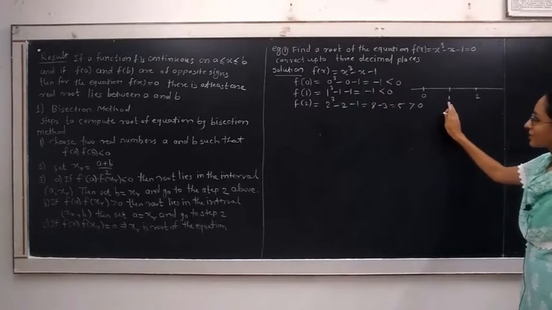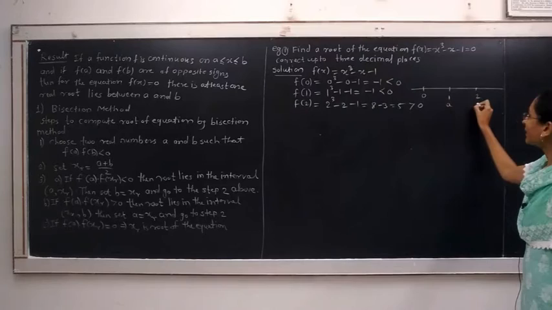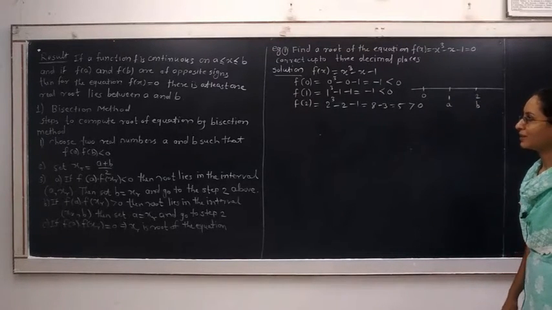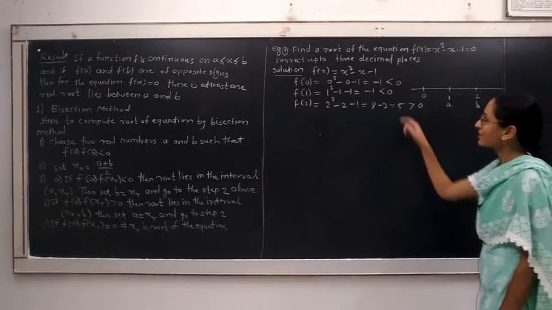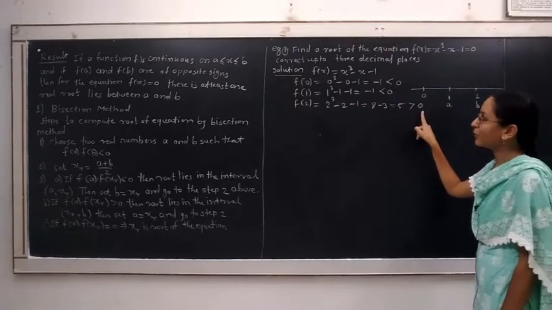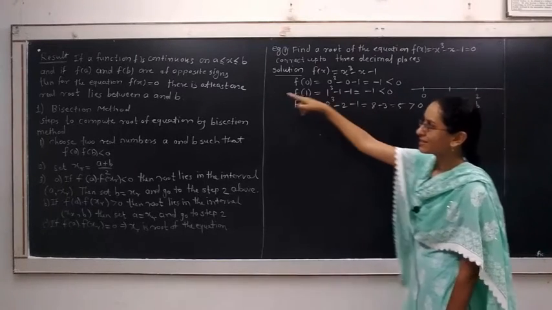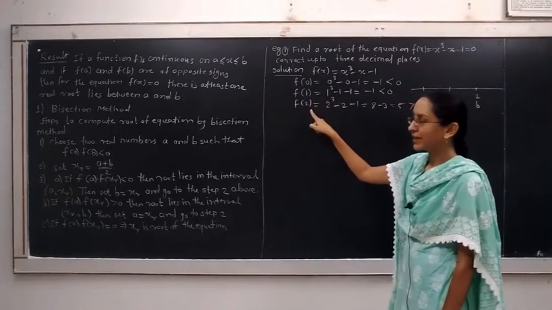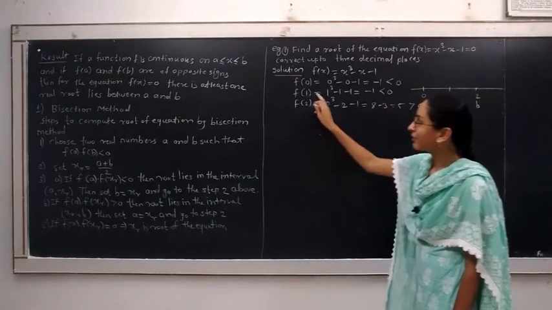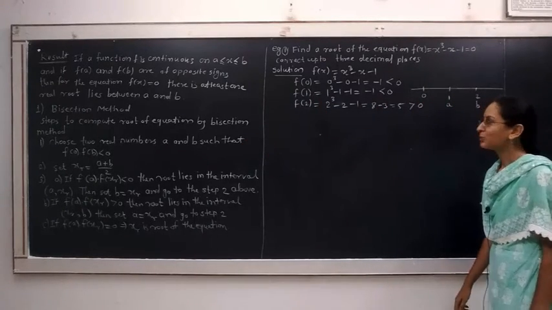Hence, we must consider a = 1 and b = 2 in the first iteration of the bisection method, because f(1) is -1, negative, and f(2) is 5, positive. Therefore, by this result, the root lies between 1 and 2. Hence, for the first step, we take a = 1 and b = 2.